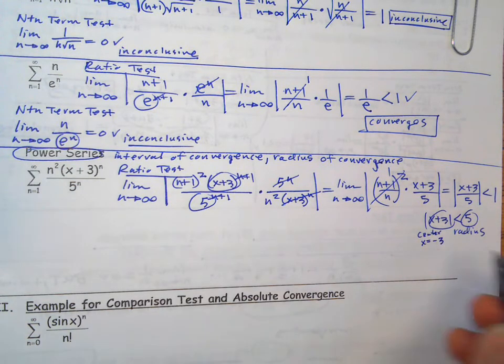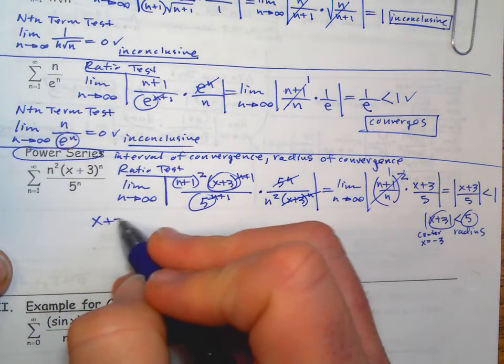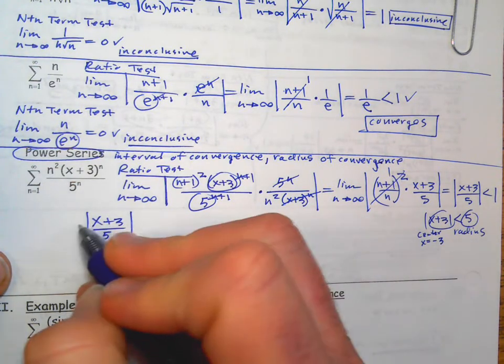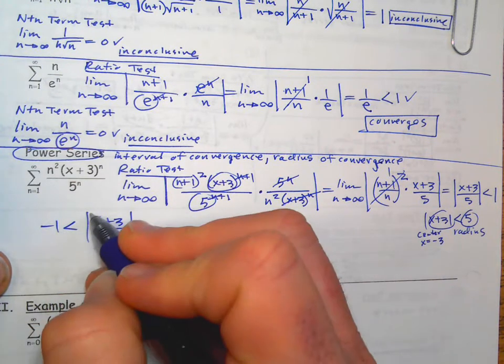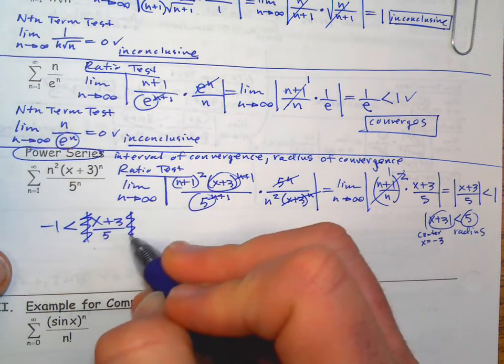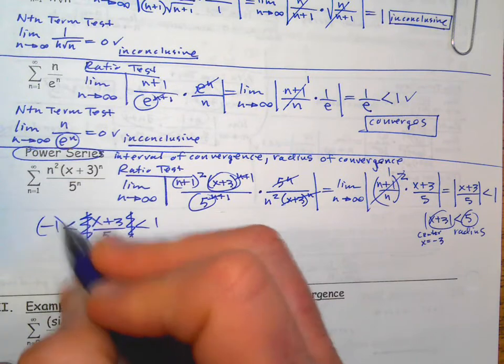So you could do that, or you could just start solving it, multiply everything by 5.